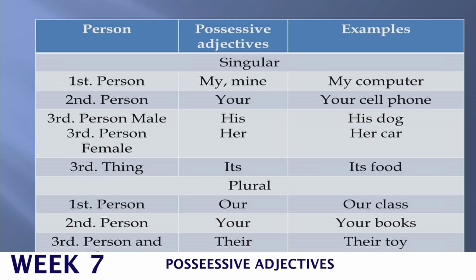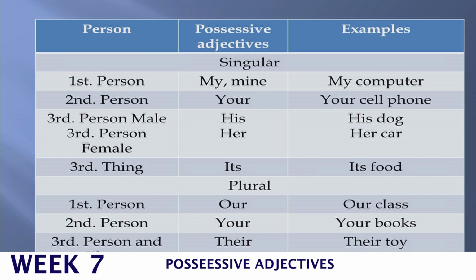In the third person male, his dog. In the third person female, her car. In the third thing, I can say its food. In the plural possessive adjectives, I would use, for the first person, our class; for the second person, your books; and for the third person and thing, their toy.